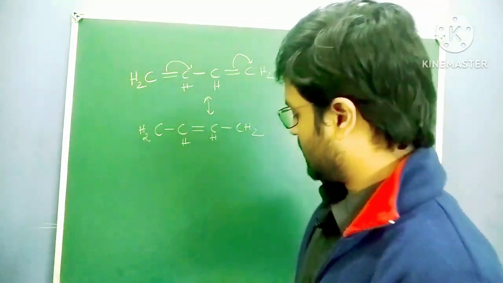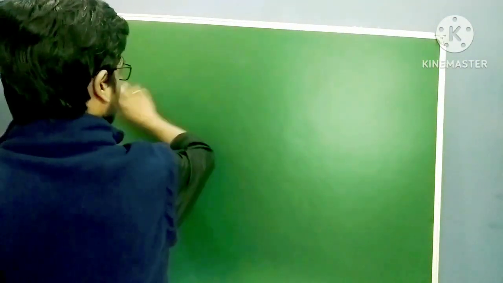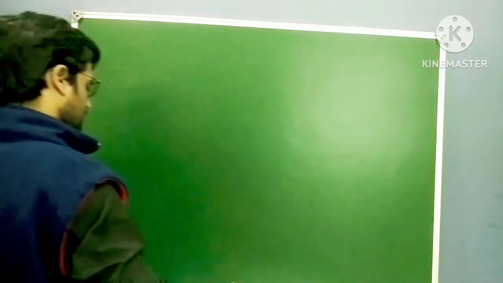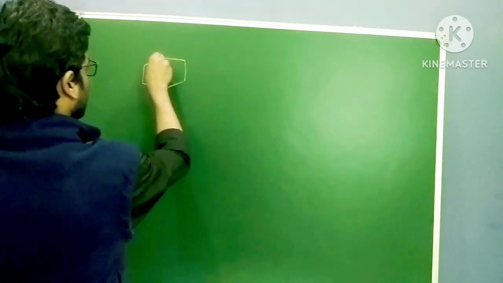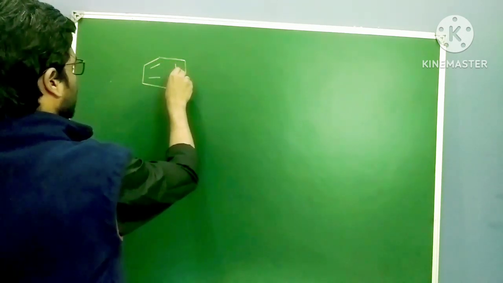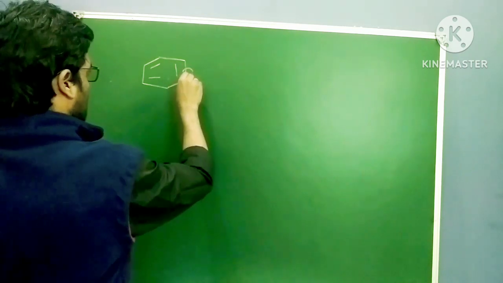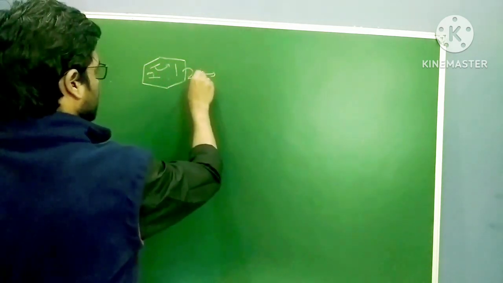Now, for example, I am taking benzene, the most popular and successful example. Because of the conjugation, here first of all we have double bond, double bond, double bond. After electron delocalization, I will get this structure.